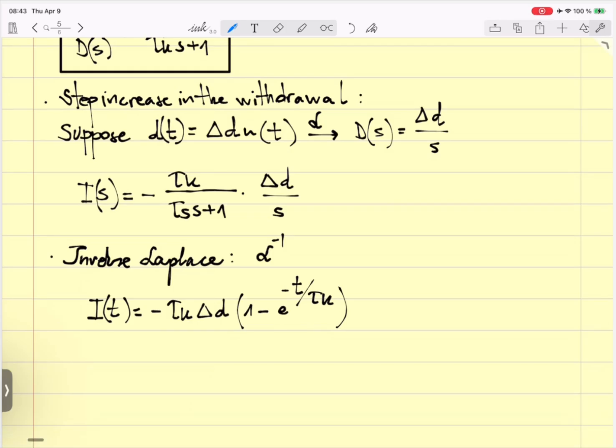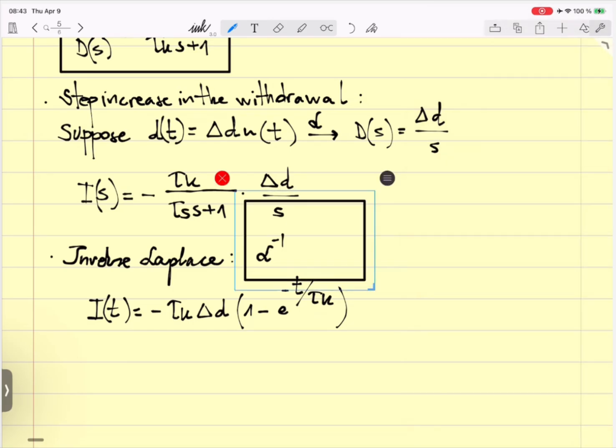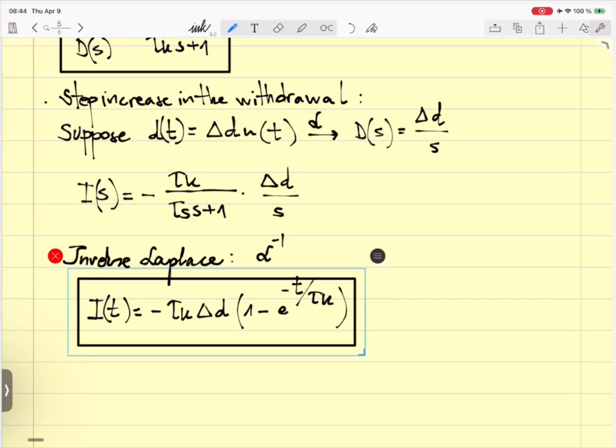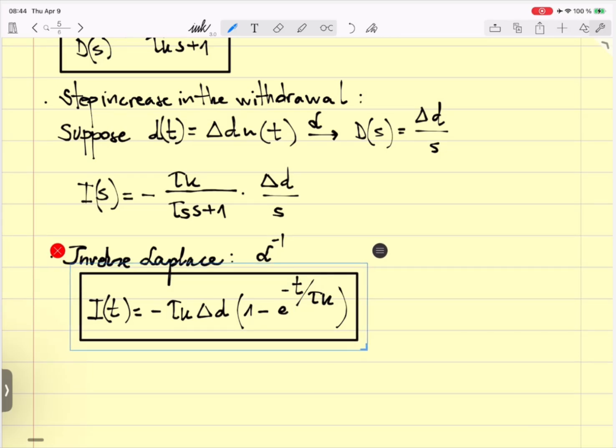And this has a very meaningful result. Okay, this is the way the inventory changes with a step demand increase in a Kanban described as above.